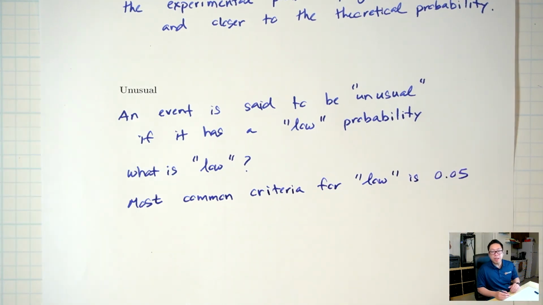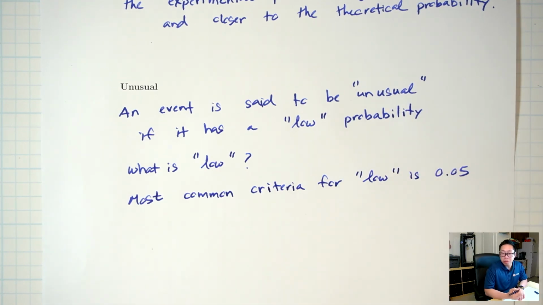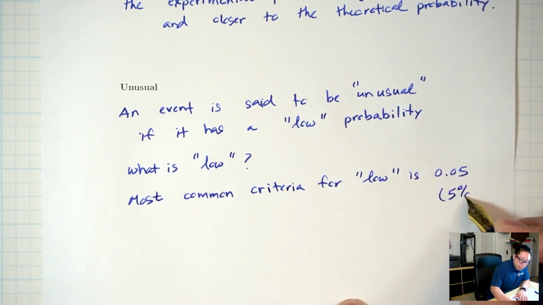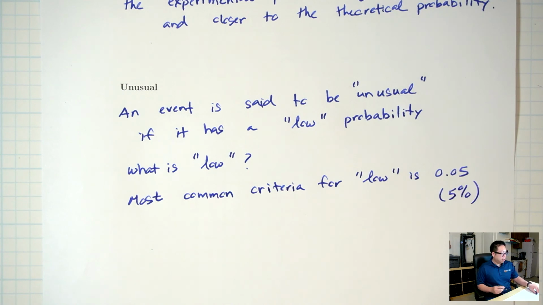So if something has a probability that's less than 0.05, we consider that to be low, which is unusual. Okay, and 0.05 is the same thing as 5%. So if something has a less than 5% chance of happening, we consider that to be something that's unusual.